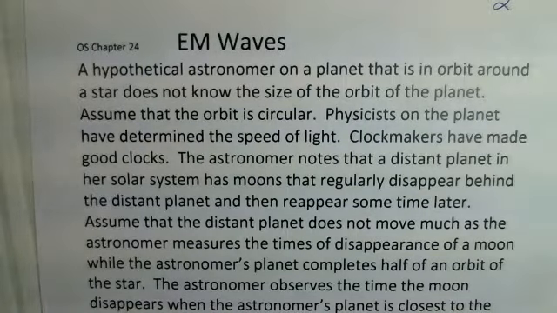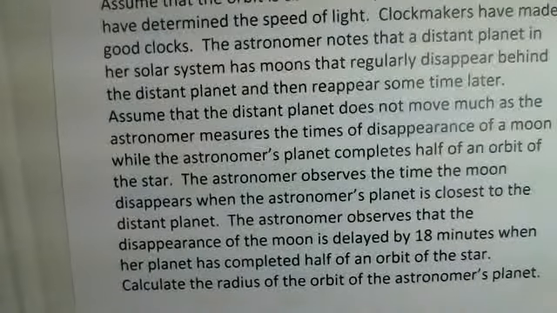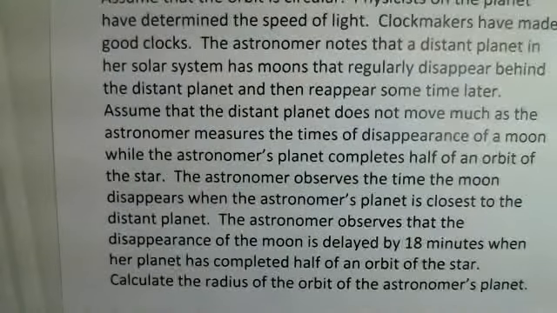If we take a situation where this distant planet is very distant, it doesn't move much in its orbit, while the astronomer's planet is moving quite a bit. So as the astronomer writes down the times of disappearance of that moon passing behind, they become later and later than they're expected to be.